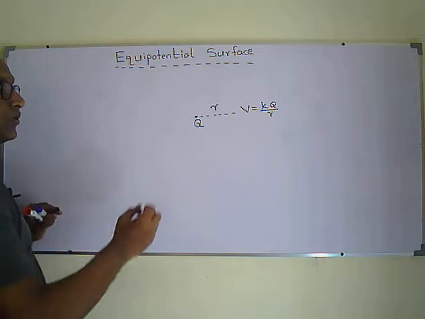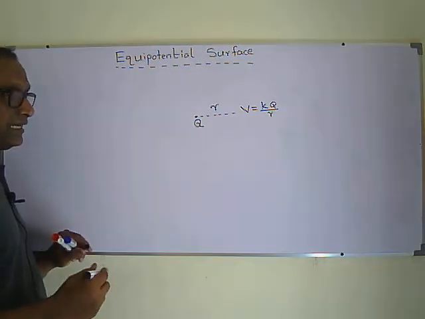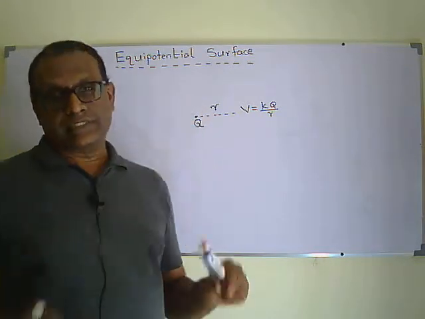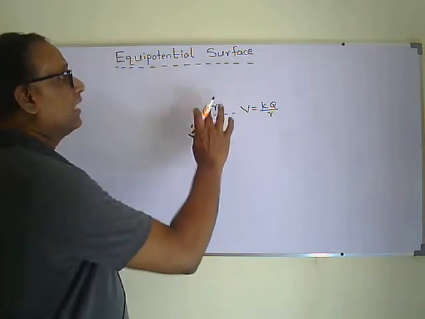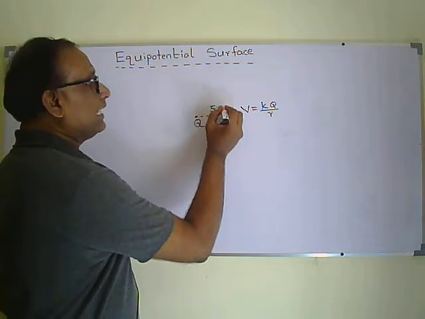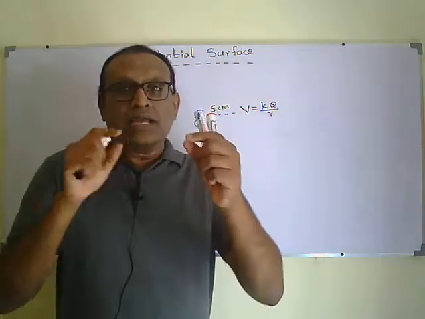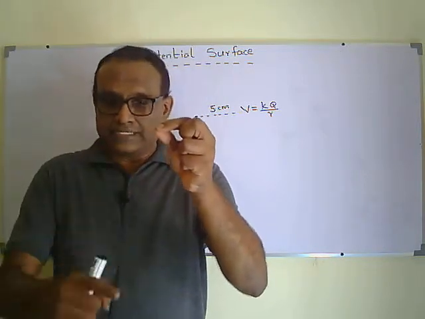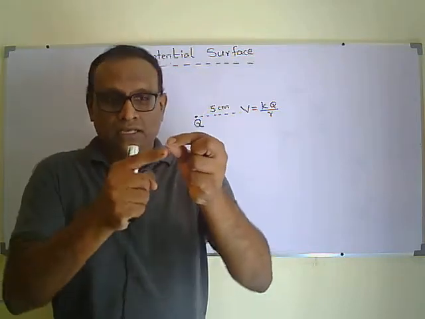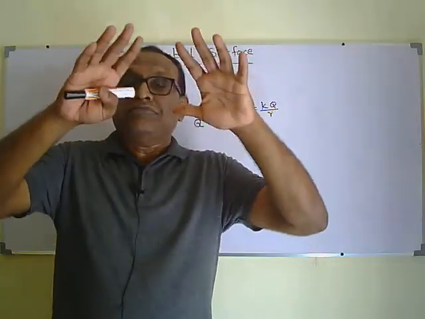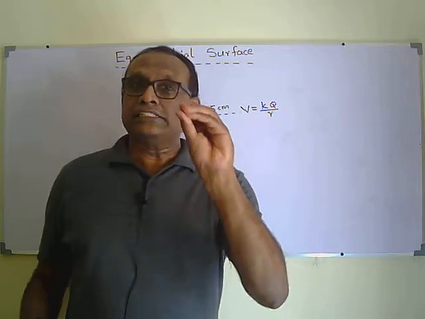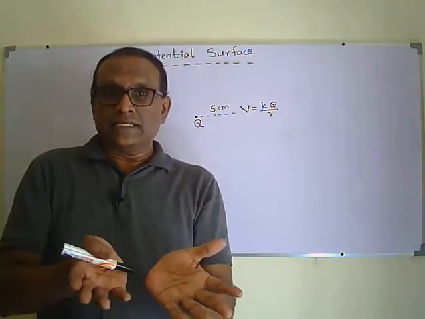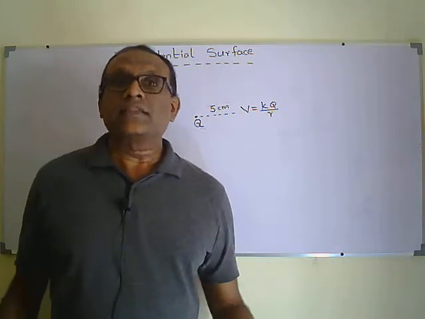I can find infinite points around the charge Q in three dimensions at the same distance, for example 5 centimeters. So on all those points, the electric potential will be the same.